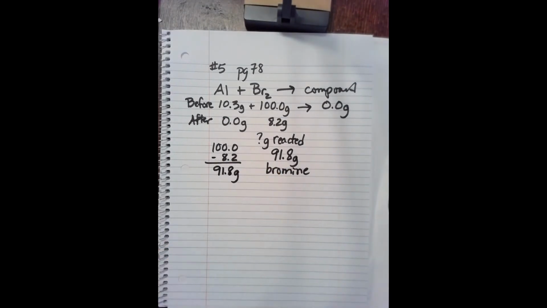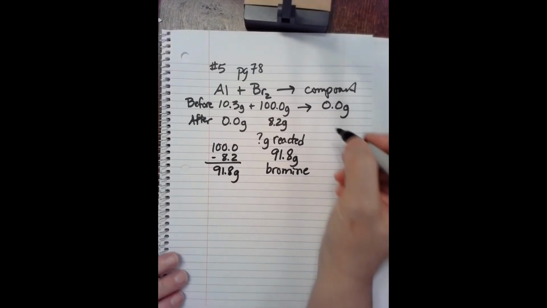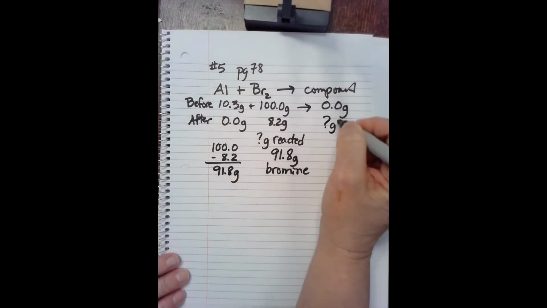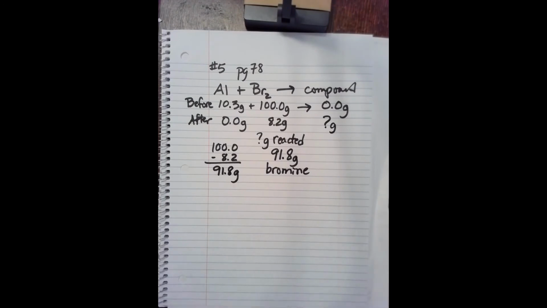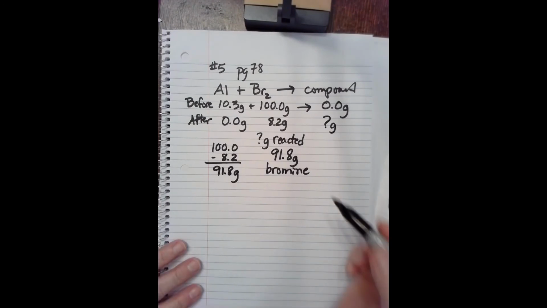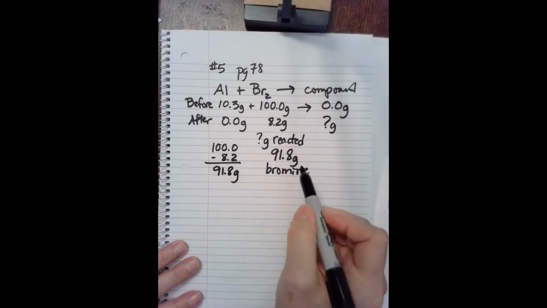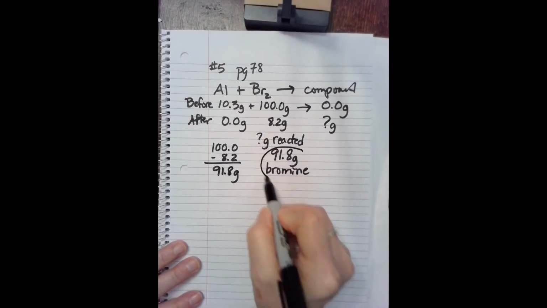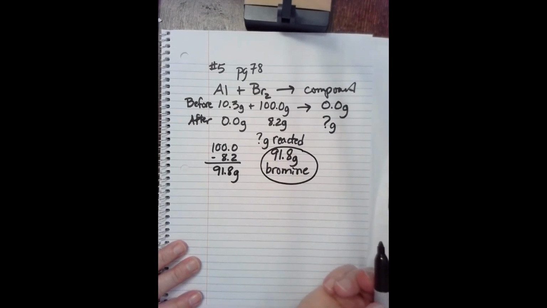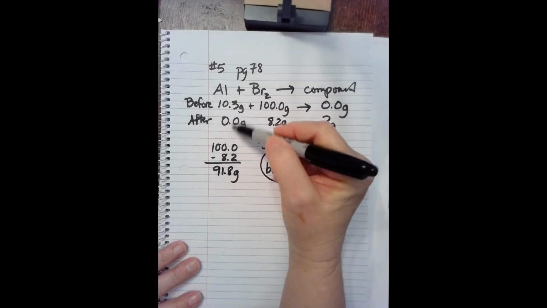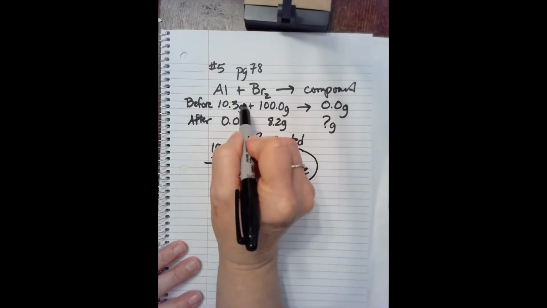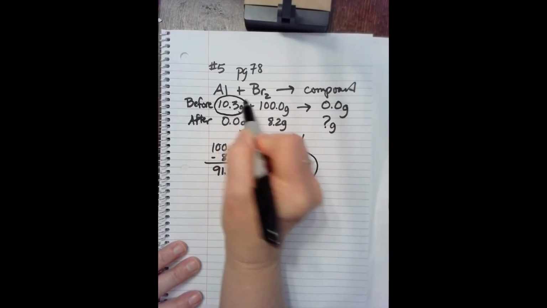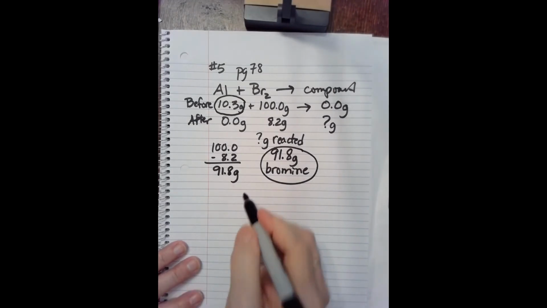Now, the other question is, how many grams of the compound were made? Well, let's think about that. We just discovered that this amount of bromine reacted, and since all of the aluminum has been used, that means 10.3 grams of aluminum were used.